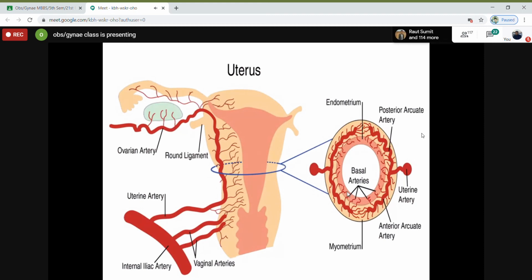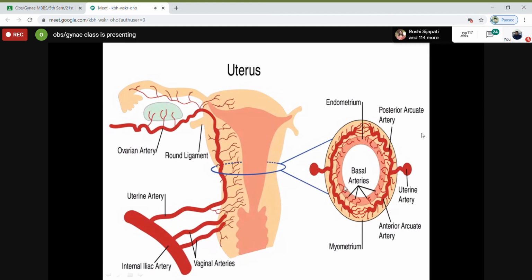So you can understand how the uterine artery is supplying the uterus? Yes, ma'am. Okay, this is the uterine artery, it is piercing the uterus, giving off the arcuate, so it is like an arc. The arcuate artery then gives off the basal arteries which supply up till the inner 1/3 of the endometrium, and then come the spiral arteries, which are not shown in this picture.